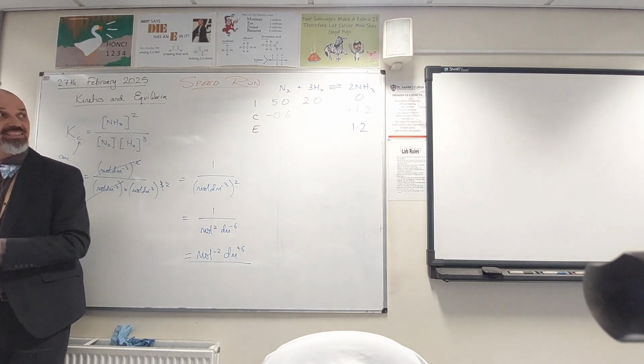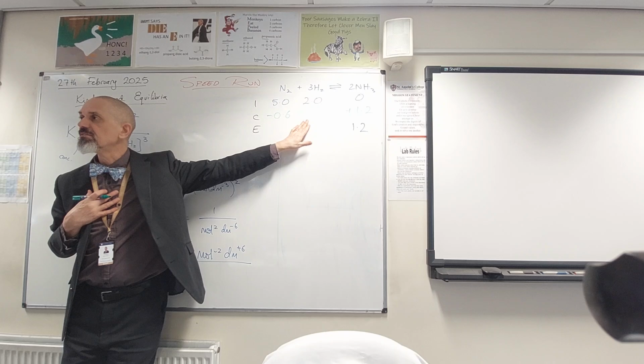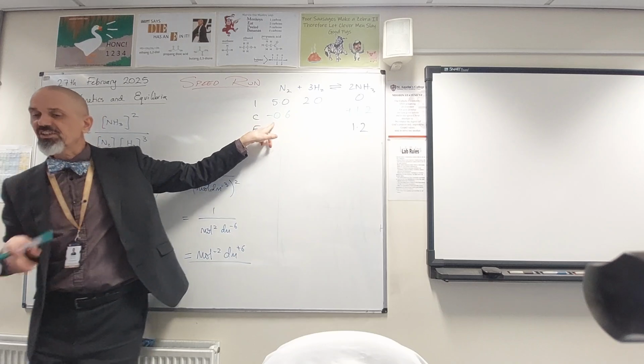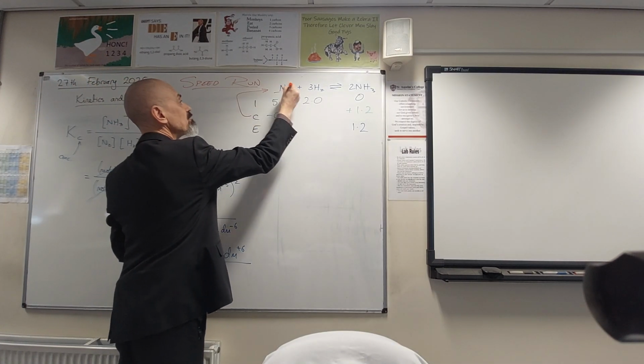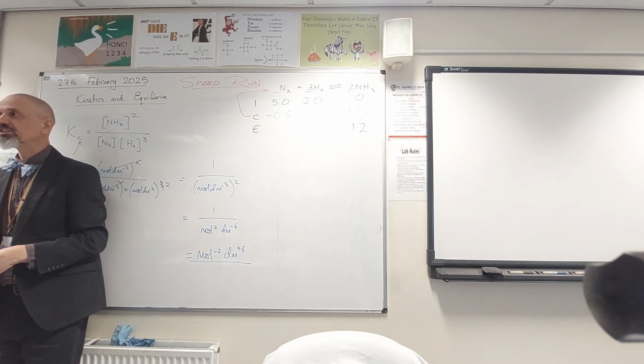Is it based on the balancing number? It's based on the balancing number. So how much hydrogen has been used up? The key is that these numbers here are in the same ratio as the balancing numbers, which are 1 to 3 to 2.